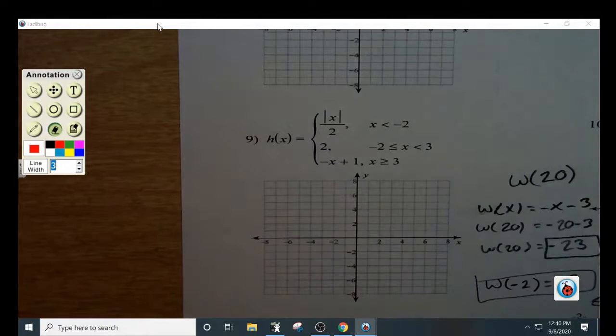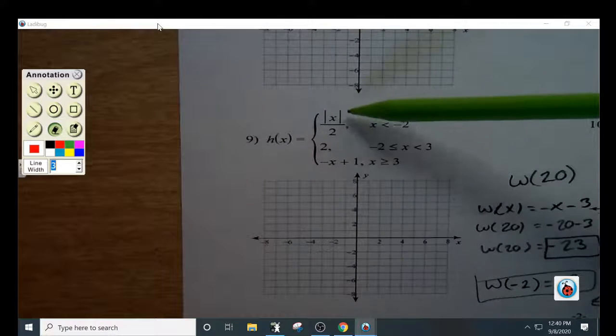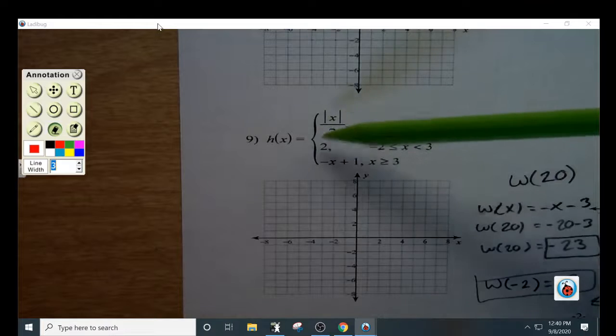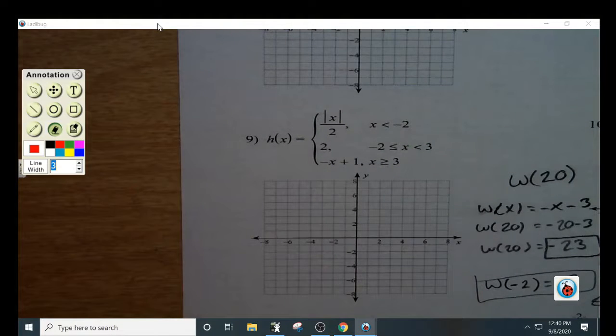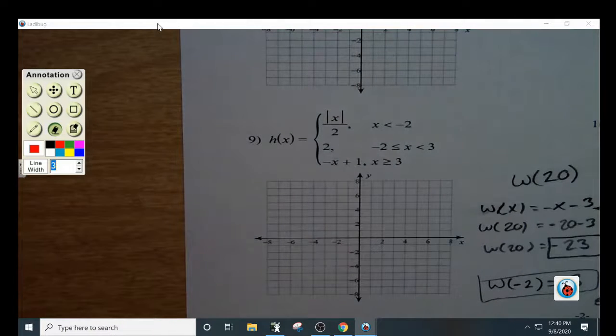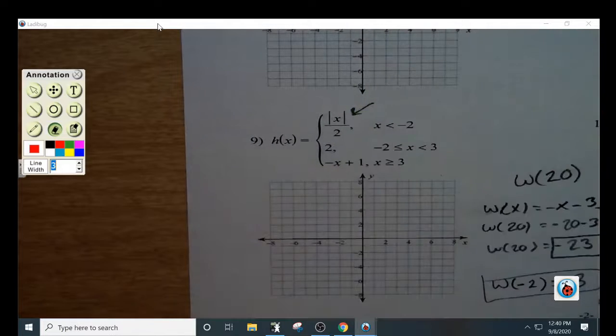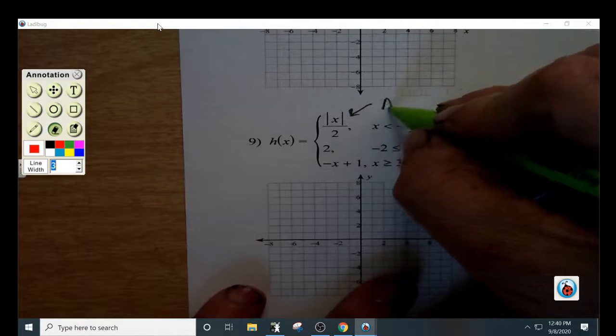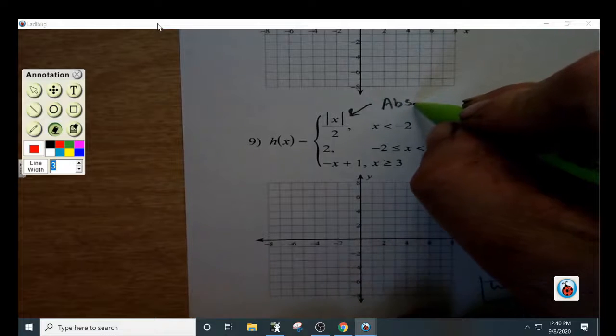Guys, this is going back to the last unit. What kind of function is this? What do those little bars mean? What was that, Bianca?